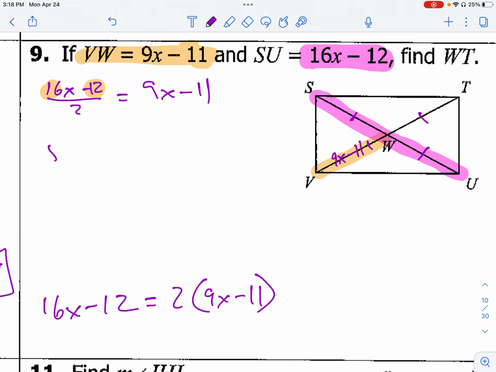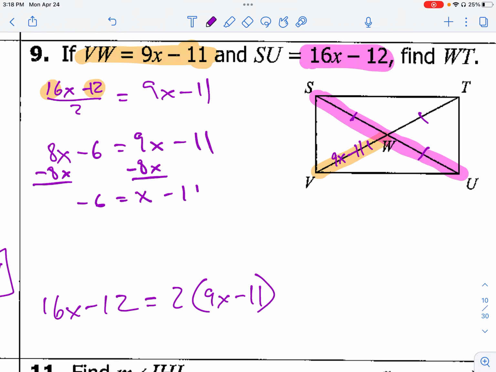So we're going to divide by 2, which is 8x plus 6 equals 9x minus 11. Then we're going to get the x on one side. And we're going to get the x by itself. And we're going to get x equals 5.